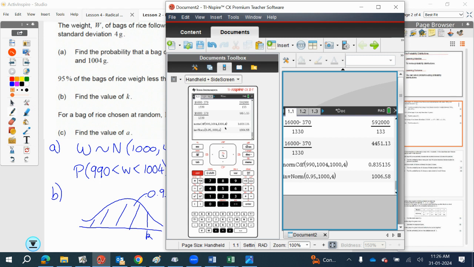So this gives us 1,006.58. I wouldn't answer this with 3 significant figures; I think I would answer it with 5 or 6, otherwise it's too specific.